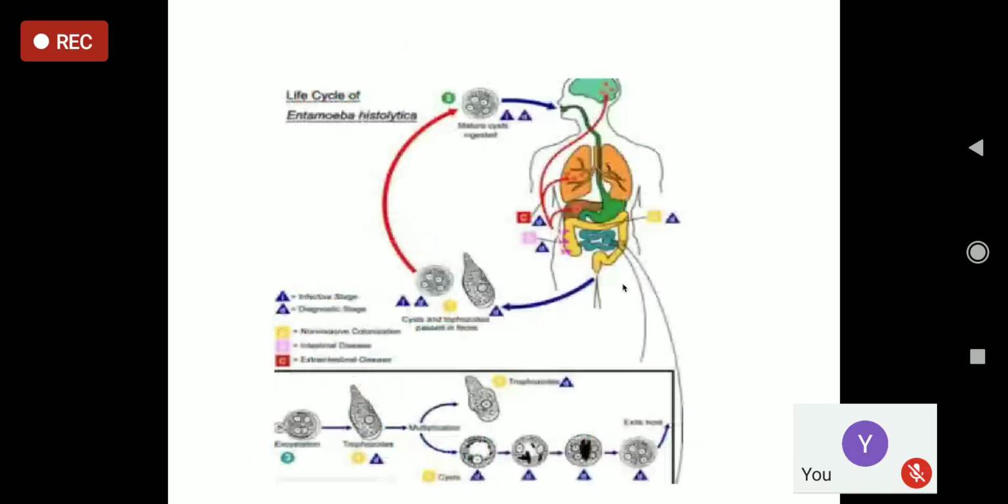You can see this is the typical cyst that we can see. This cyst as well as this trophozoite can be demonstrated in the stool sample. You can look for the color diagram on Google, or you can have a look in the book, and we will show you while we are having the practical sessions regarding the trophozoite and cyst.